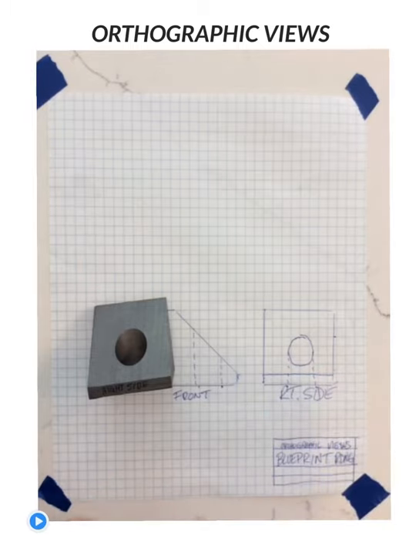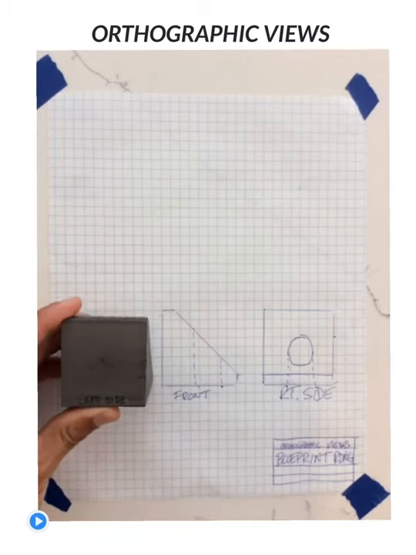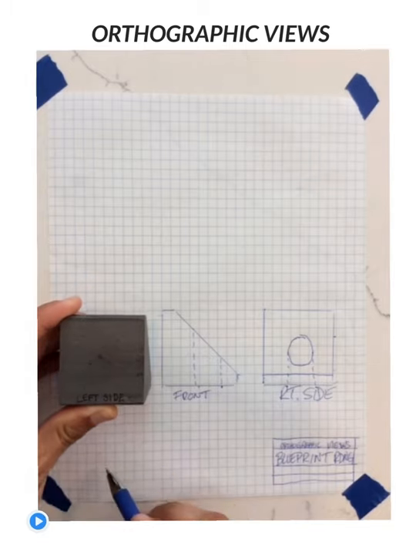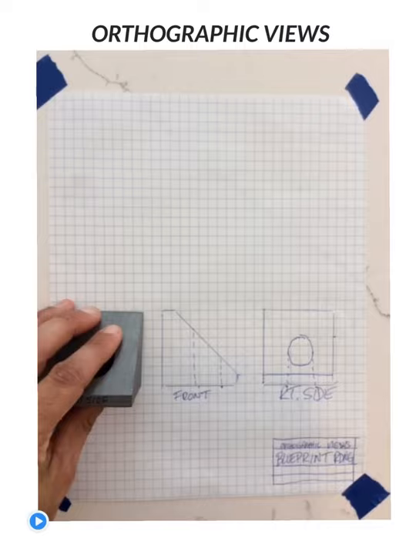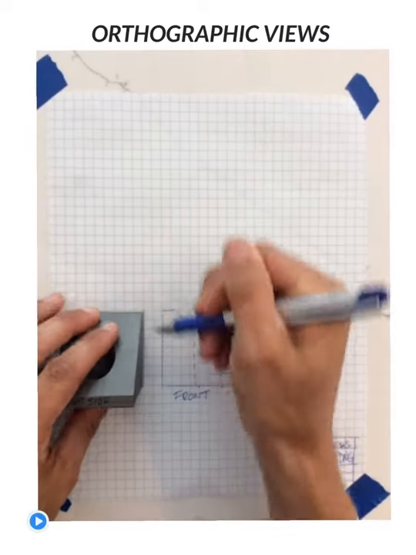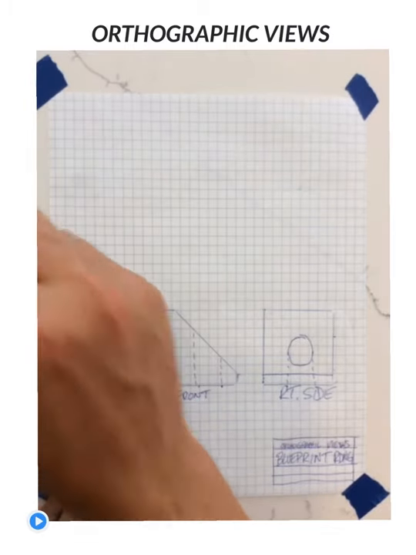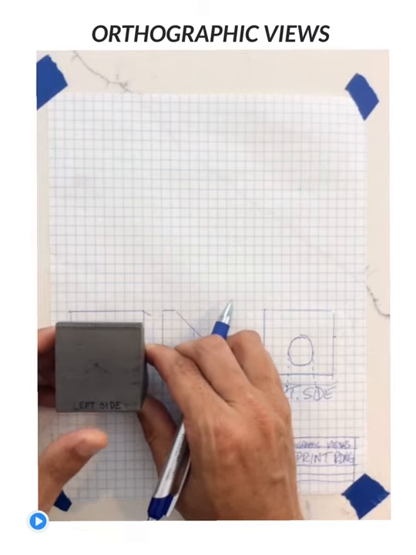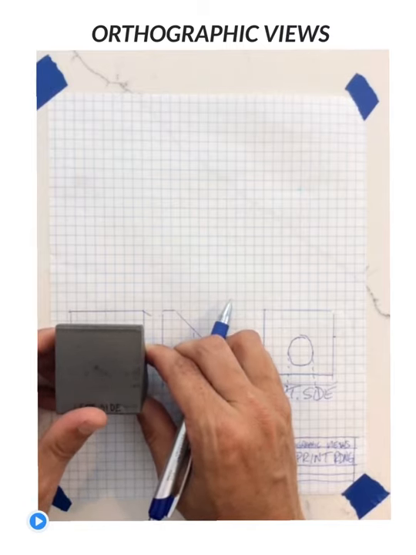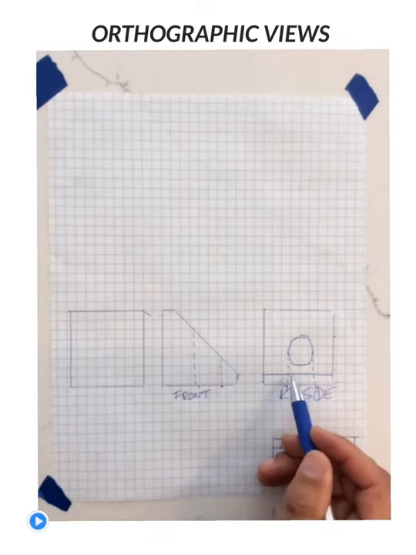Okay. Let's go to the left side. This was front. If I was to rotate it like this, that would have been my left side. This is actually going to be totally squared off for the view, so I'm just going to flip it over. It's going to be the same shape as the other, but there will be some differences. So imagine that there. I traced it out. That's my left side view. I do know that there's a hole going through the middle, and I also know that there is this line here, but I can't see it because it's on the other side.